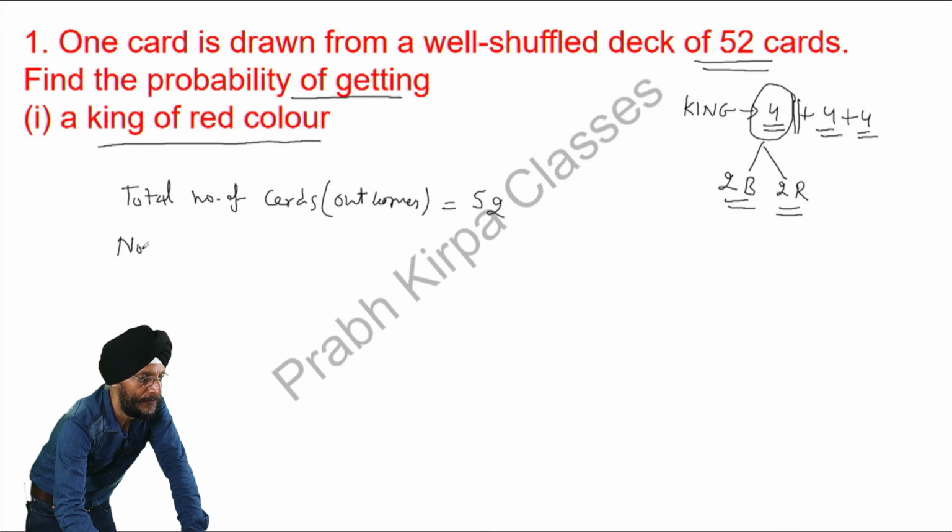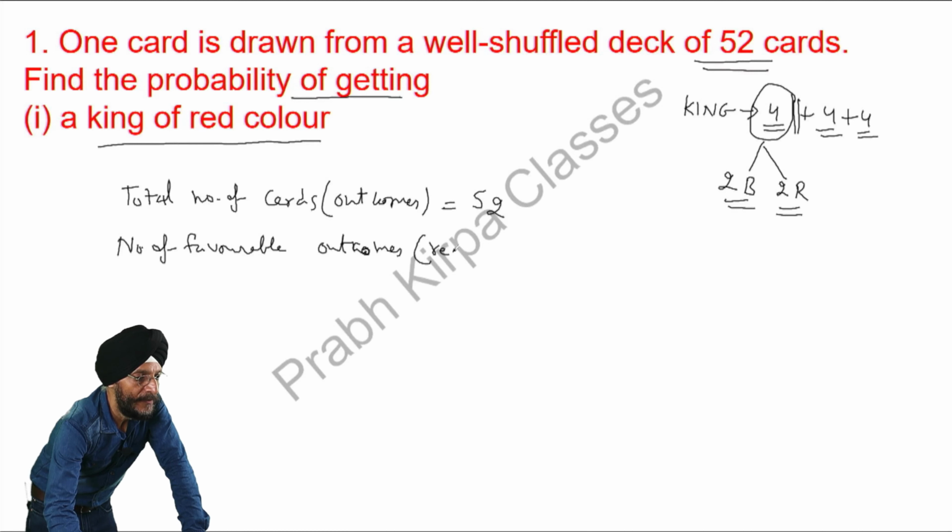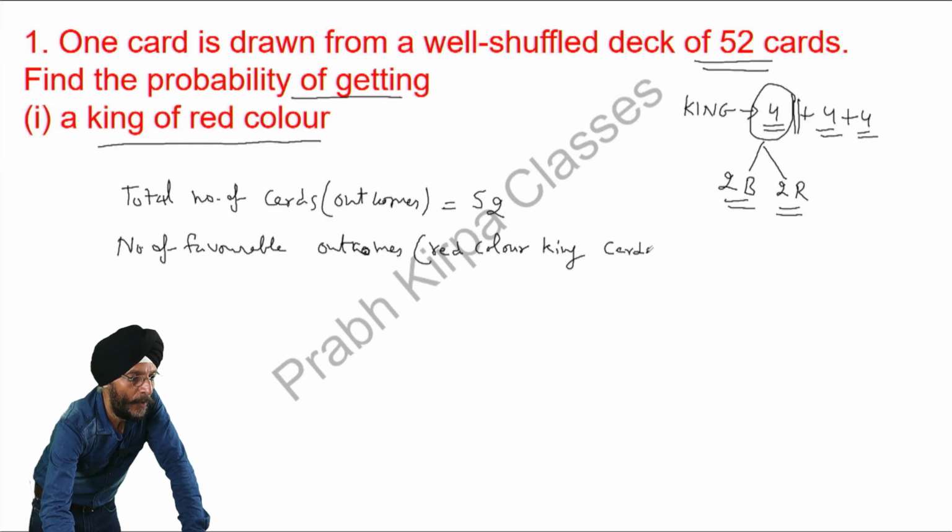The number of favorable outcomes, that is red color king cards, how many are there?